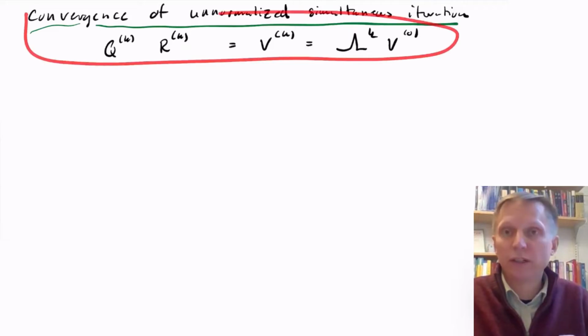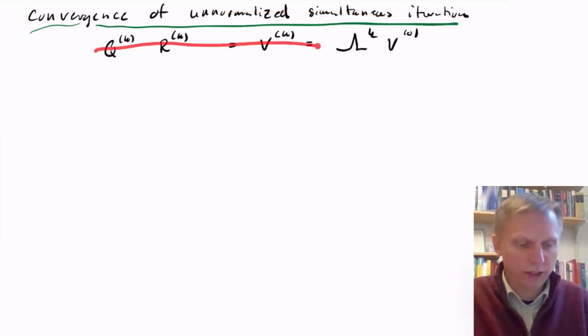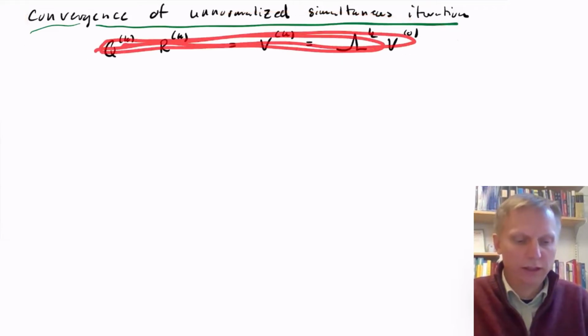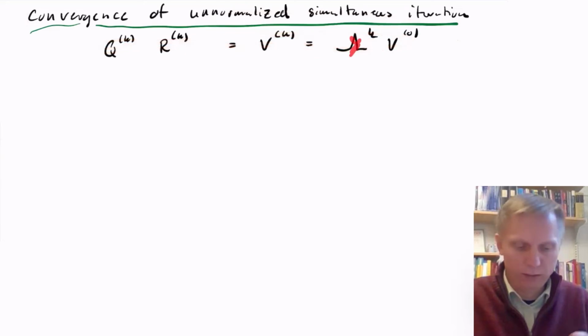Okay, so we want to study the convergence of the normalized simultaneous iteration. This is just the iteration in this setting where lambda is a diagonal matrix. Let's look at this equation one column at a time, first the first column.